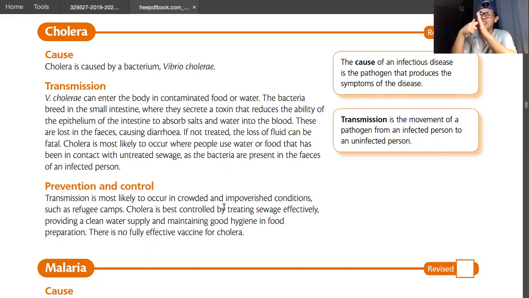Because once it penetrates the wall, when you are trying to target it, it's inside, mixed with your normal cells. So if you get a vaccine, your body makes antibodies, and it's very hard for those antibodies to identify any Vibrio cholerae that is already embedded.